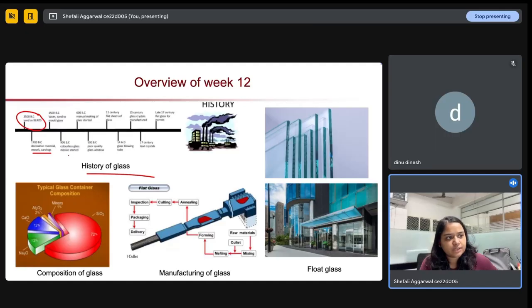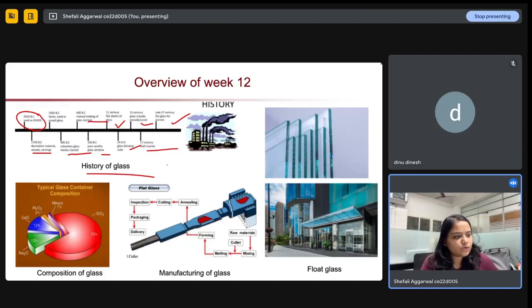Then colorless glass came into the picture, then manual making of glass, and slowly we went to window shields, flat sheets, tubes, vases and other decorative items, then crystals, and lastly flat glasses, mirrors and similar materials.